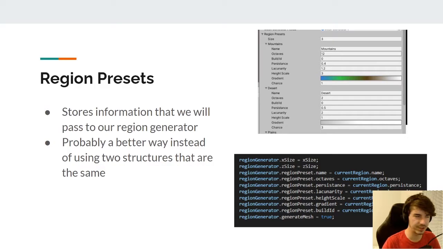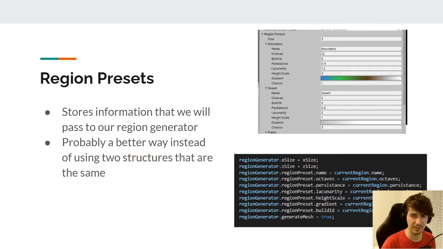So talking about the region presets a bit more. Basically, it's a structure that stores information that we pass over to our region generators that actually create our mesh. It works decently well, but I basically had to create the exact same structure on both the terrain generator side and the mesh generator side.